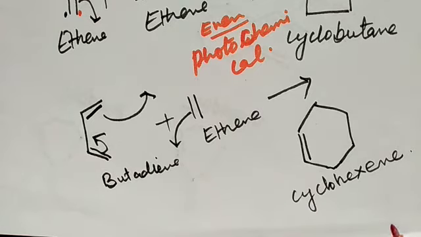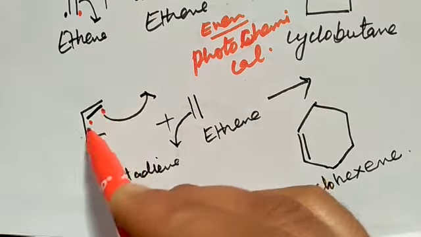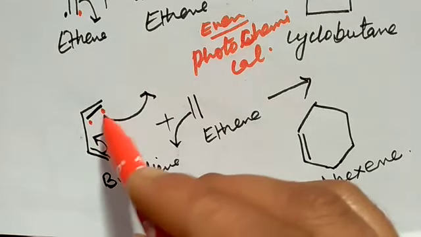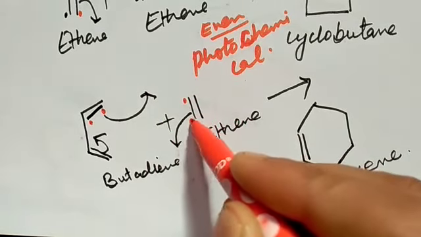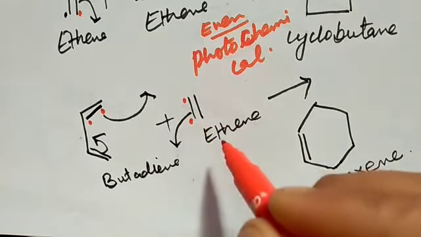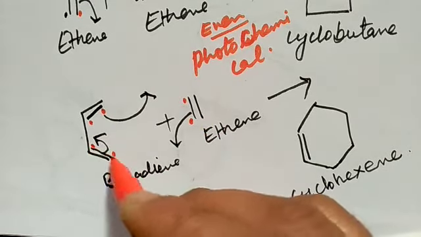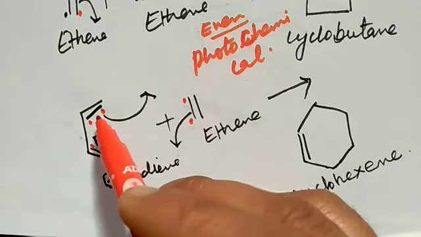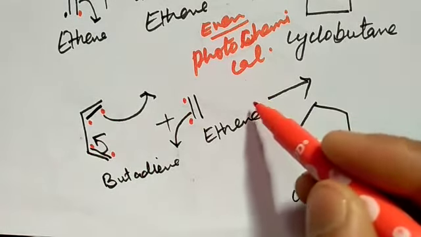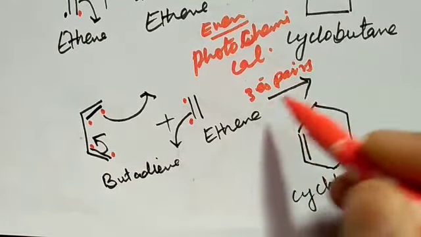Now let us see how many electron pairs are involved in this reaction. Two electrons, these electrons shift to this side. Two electrons from this ethene shift to this side. Two electrons in this case shift to this side, meaning 1, 2, 3. 3 electron pairs are involved.